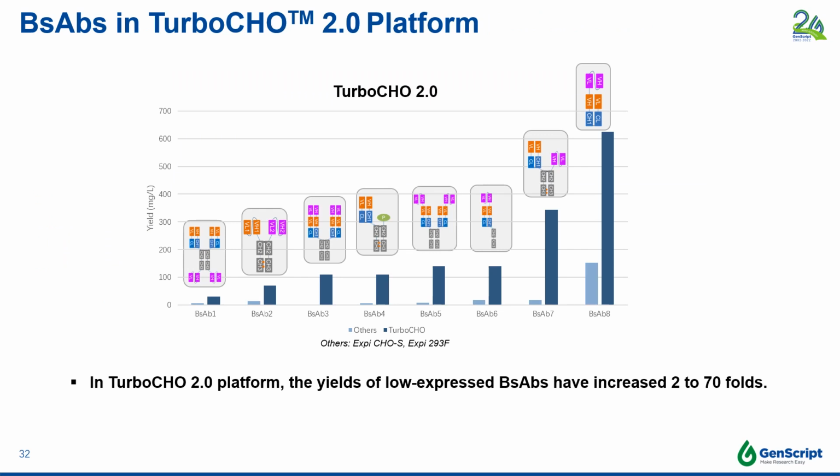And in order to better prove the TurboCHO performance, we specially select some low-yield BsAbs and test them in our TurboCHO system. The result here shows that TurboCHO 2.0 system has increased the yield 2 to 70-fold compared with other commercial systems.